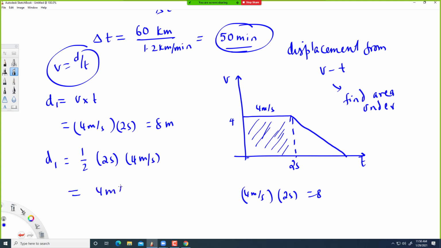So the total distance traveled within that 4-second time would be 12 meters, and the position of the object would be 12 meters from its initial point. Okay, I think I will stop at this point because we are out of time. We'll continue this in the next lecture.